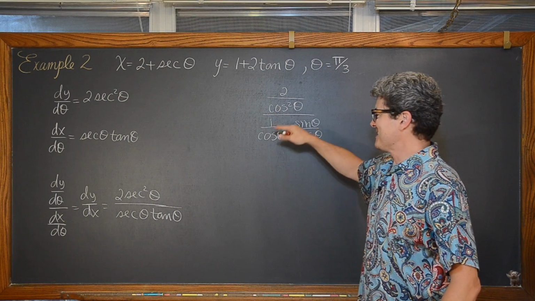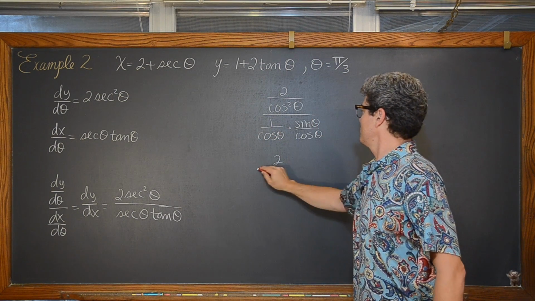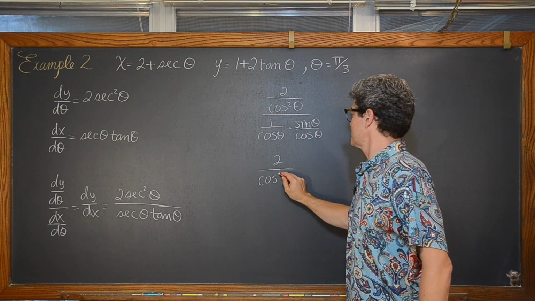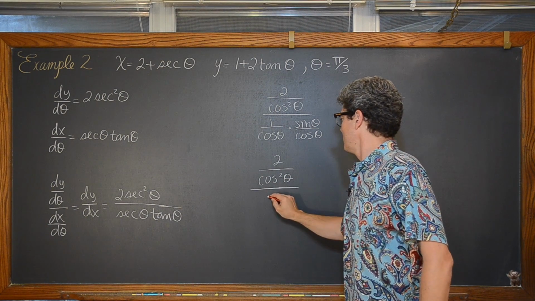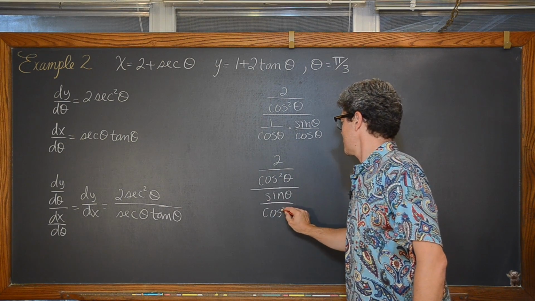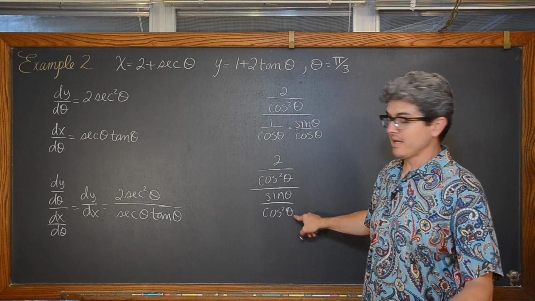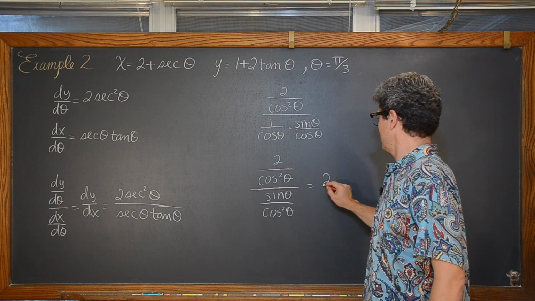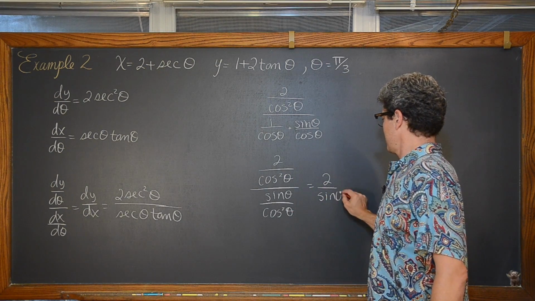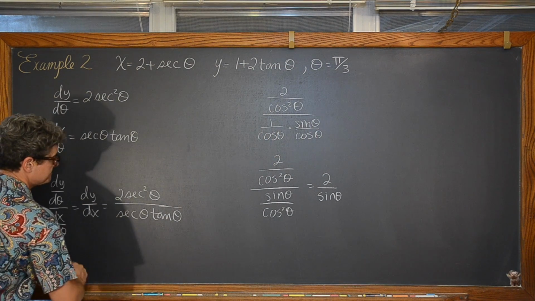Good. And just making sure I don't make any mistakes. And then we've got 2 over cosine squared theta over sine theta over cosine squared theta. The numerator and denominator both have exactly the same denominator, so we end up with 2 over sine theta, or 2 cosecant theta.